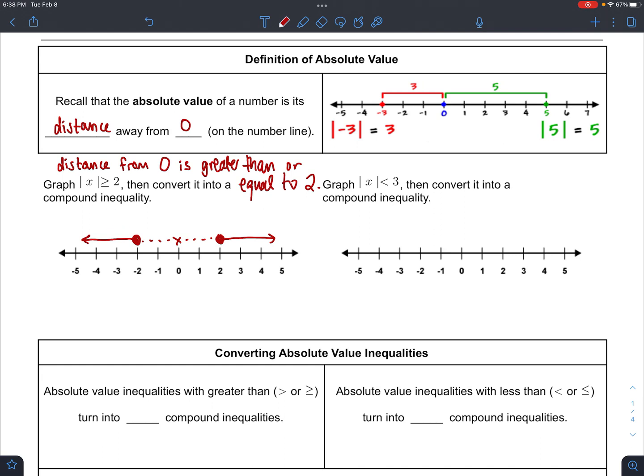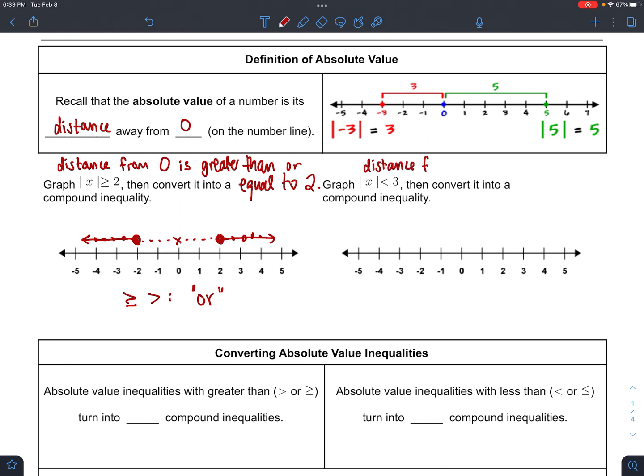So every single point in here, on the line, they all agree with the same thing, that the distance from 0 is bigger than or equal to 2. Okay? That's with the greater than sign. So we're seeing right away that a greater than sign kind of has that or look to it, where it's 2 separate ones, one or the other.